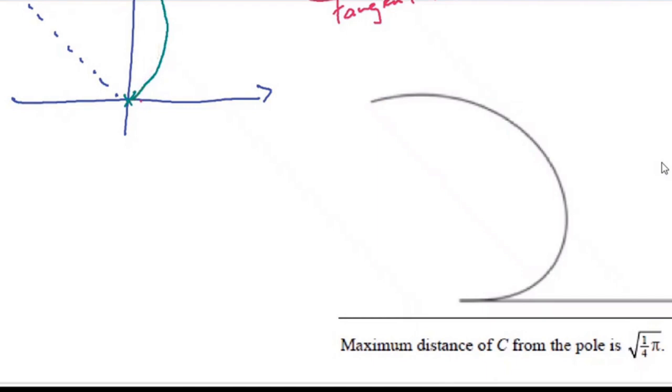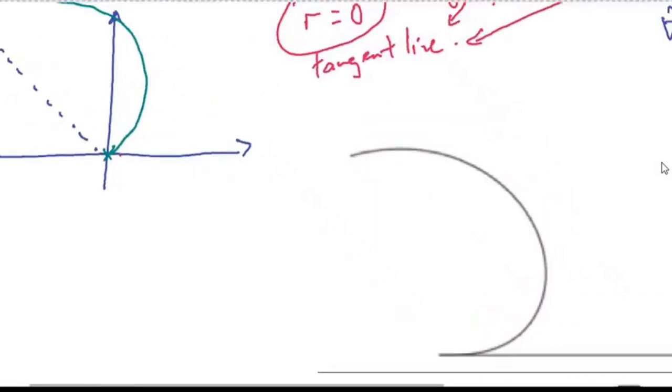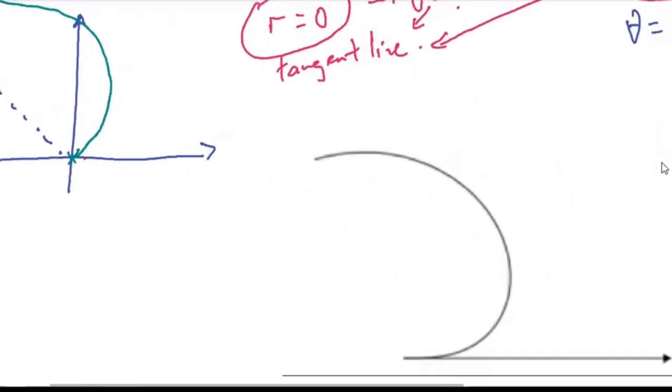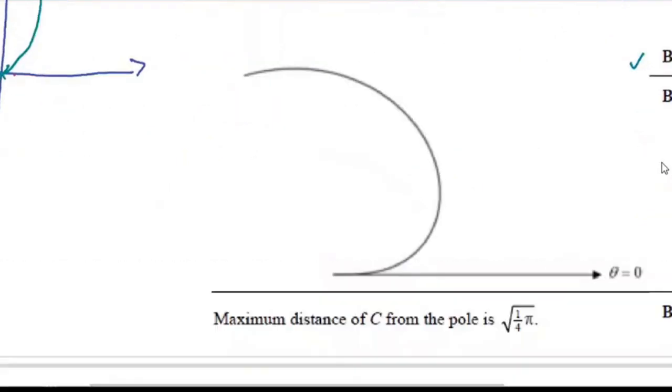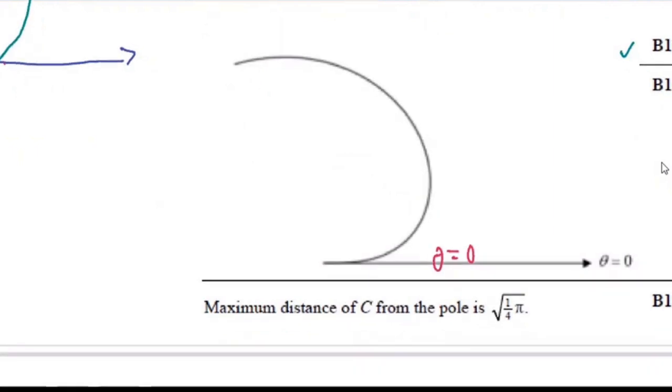So in a case like this, because we say that when r equals 0, we get theta equals 0, it should be a tangent line. When theta equals 0, it should be a tangent line. So when we see the graph here, yes, this is the y-axis.